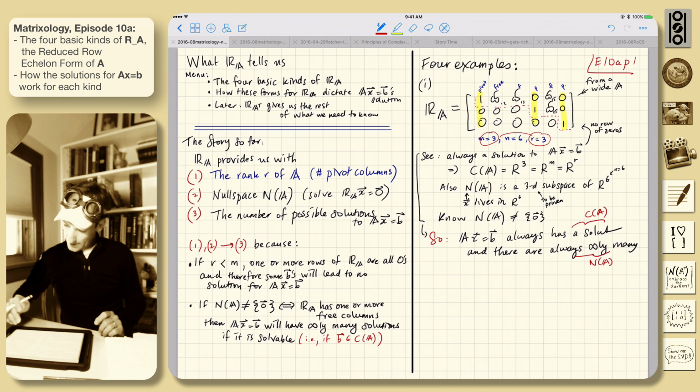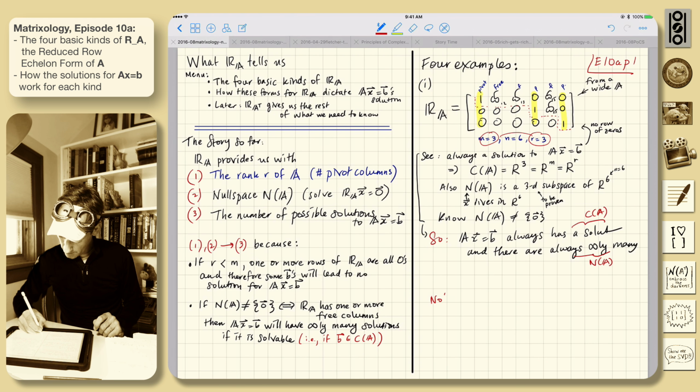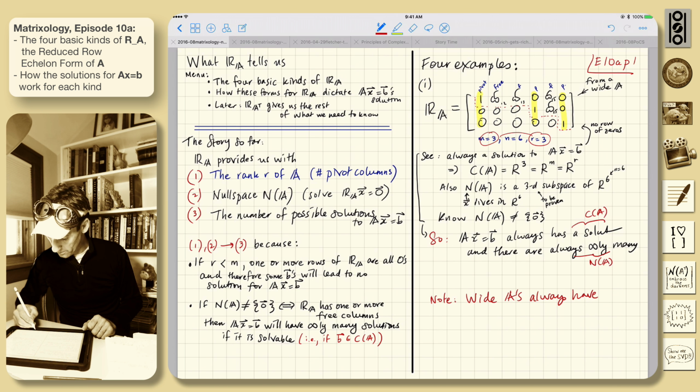Let me go back and annotate this one. So I'll just add it down here. So note, wide A's always have at least one free variable. So they always have a null space that's non-trivial.